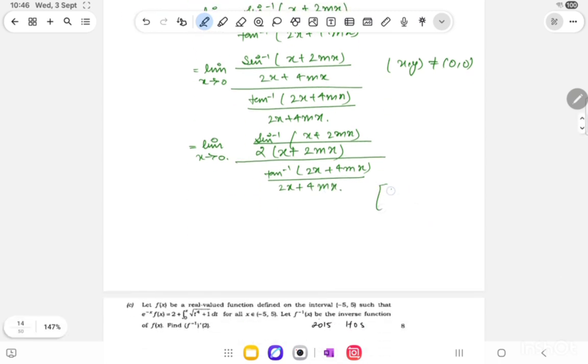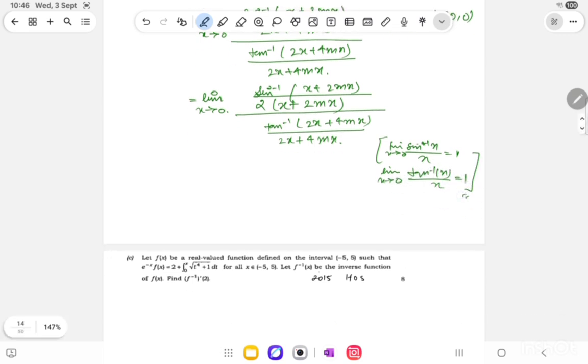And we know that the limit as x approaches 0 of sin inverse x upon x is equal to 1, and the limit as x approaches 0 of tan inverse x upon x is also equal to 1. So if we calculate this limit, it will basically be 1/2 into 1 upon 1, which is 1/2, and this is equal to f(0, 0). So my function f(x, y) is continuous at (0, 0).